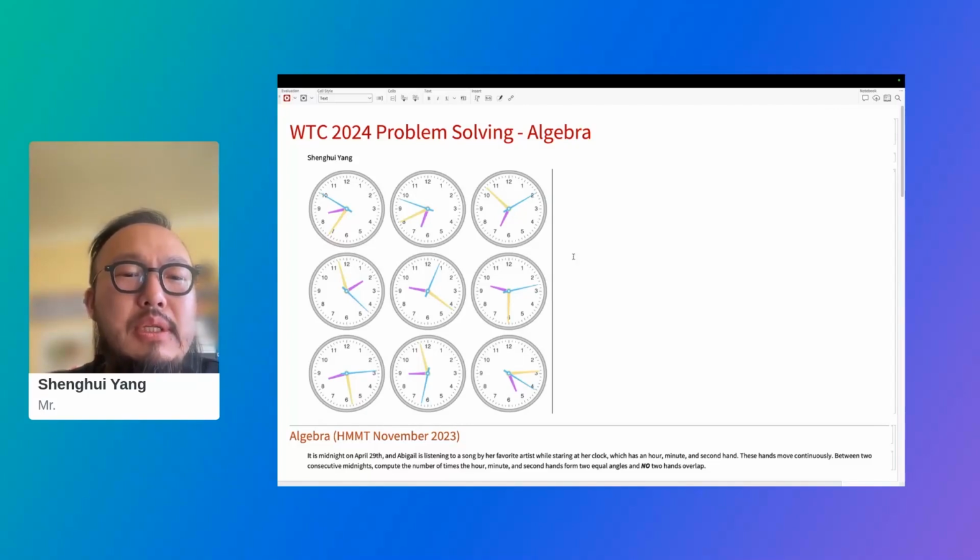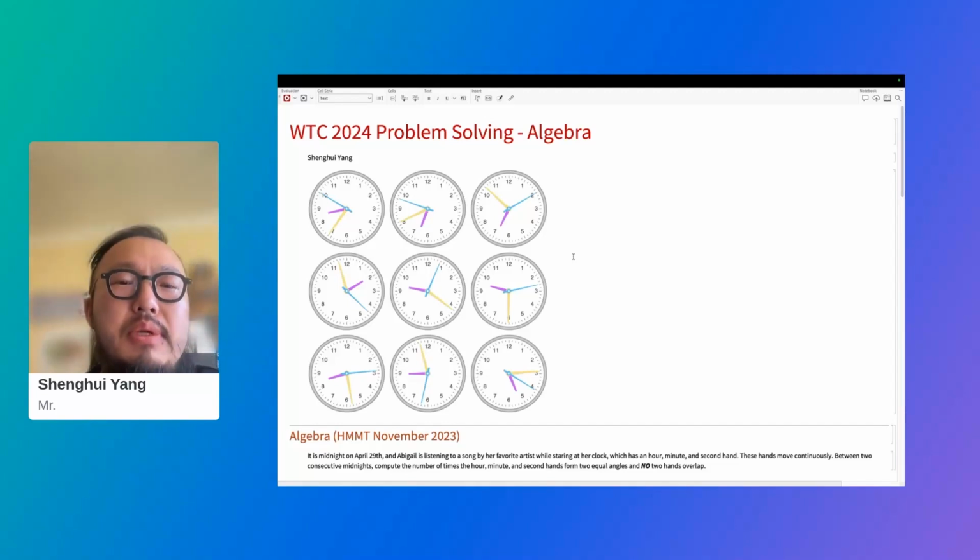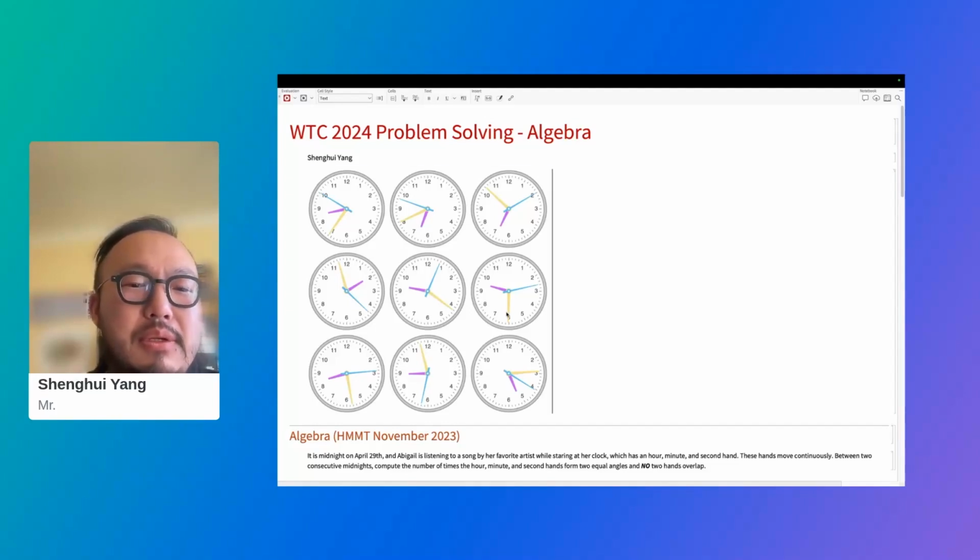So usually the clock, the time of death or something, is very important. And if the murderer is smart enough, they usually manipulate the clock on the wall to confuse the detective.